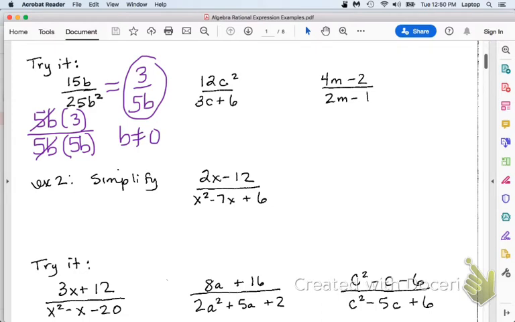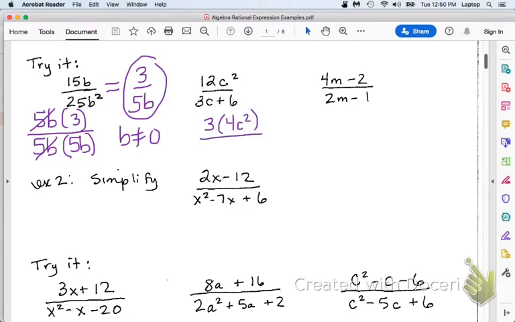Okay, moving on to the next one. The 12, the 3, and the 6 all have a common factor of 3. Since 6 does not have a factor of c, we cannot cancel a c. So we want to factor out a 3 from the numerator, and we're left with 4c squared.